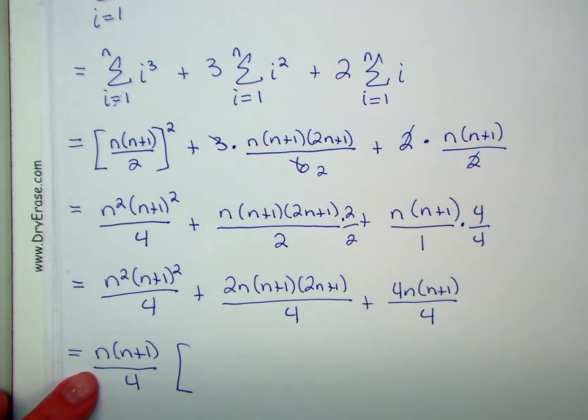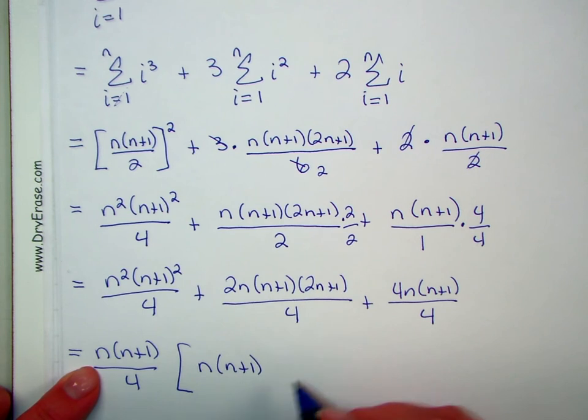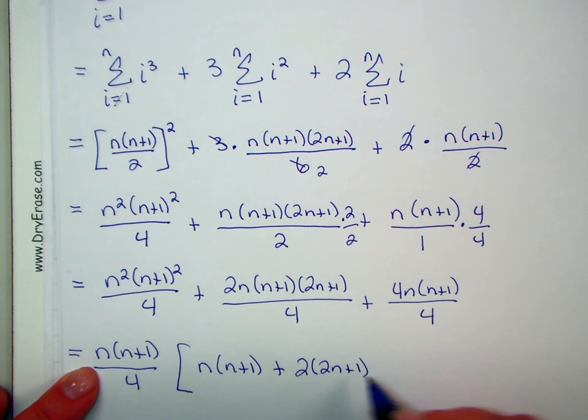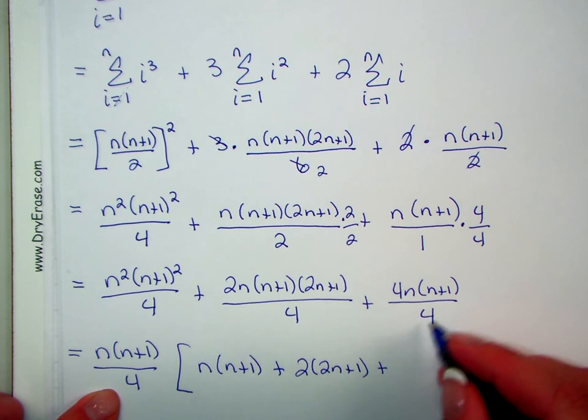If I factor out n times n plus 1, the first term I'm left with n times n plus 1. The second term I'm left with 2 times 2n plus 1. And the last term I'm left with just 4.